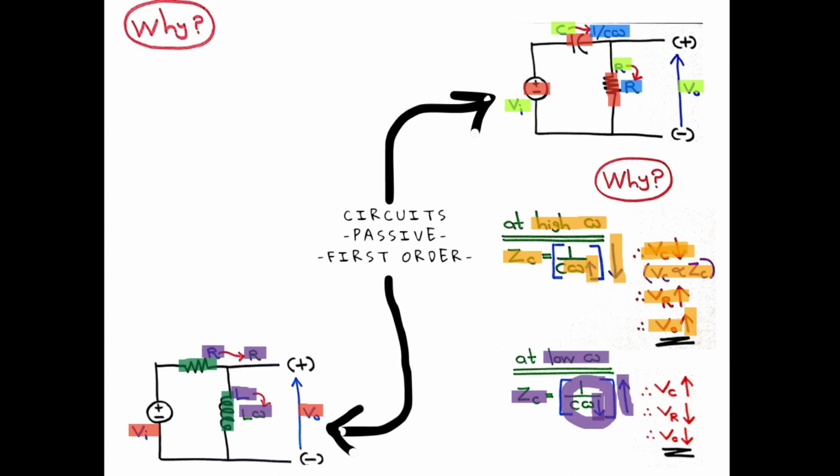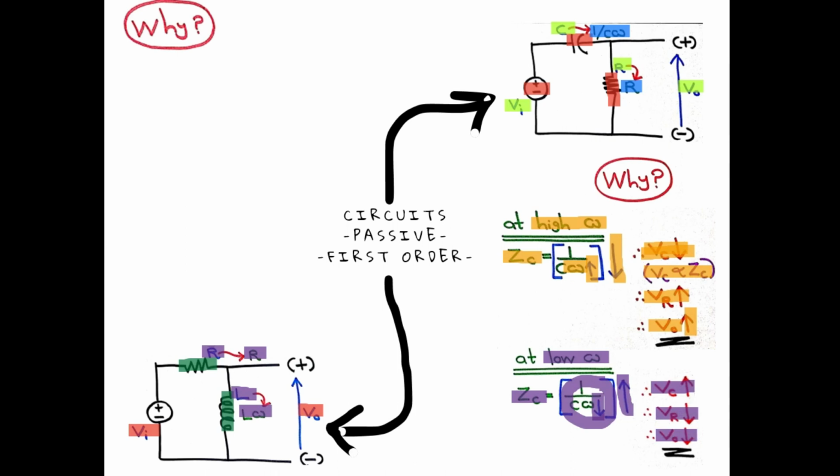So, it means the voltage across the capacitor is also high. According to the voltage divider principle, VR should be low, which means the output also should be low.